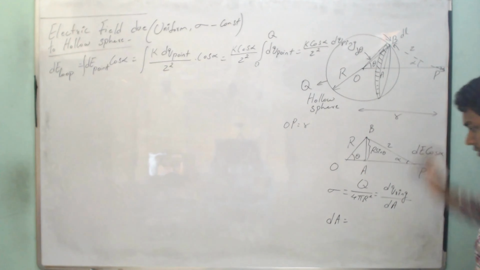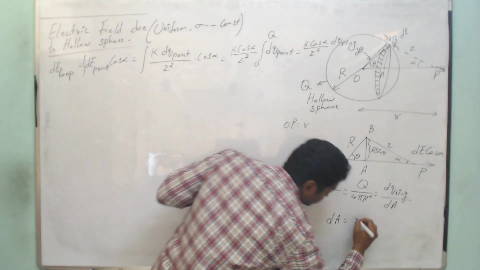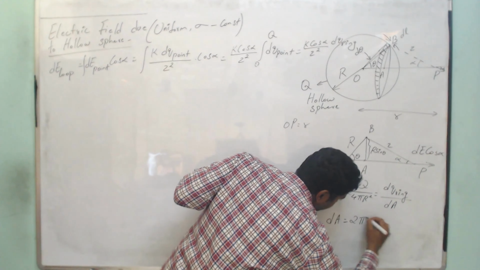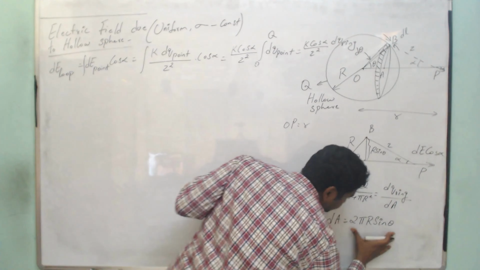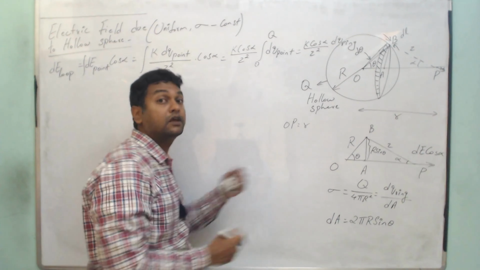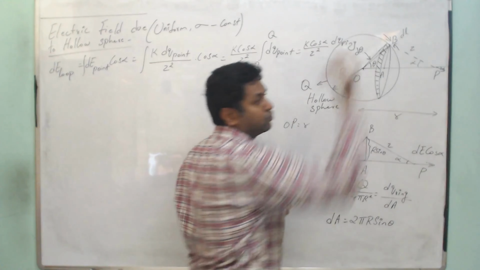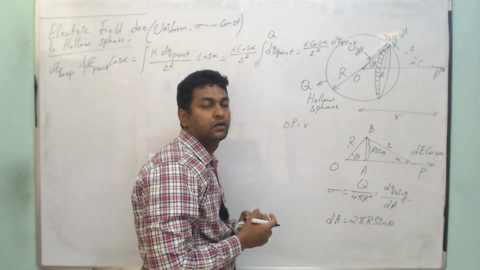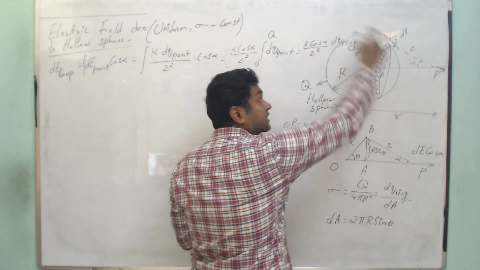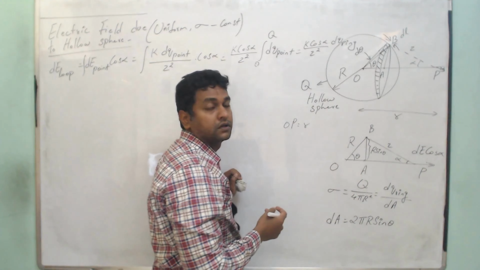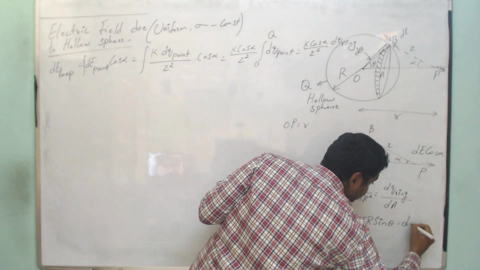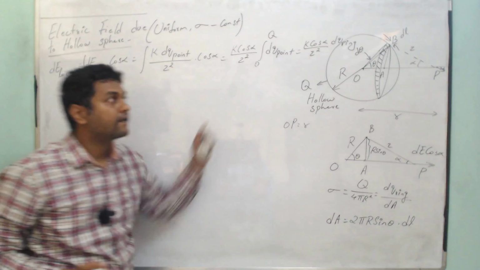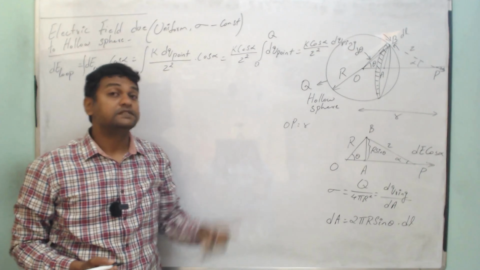So my dA will be 2 pi r sine theta. This 2 pi r sine theta is me running along the perimeter of the loop, times the width of the loop, which is dl. In our case, we have taken it as dl. But what is dl?